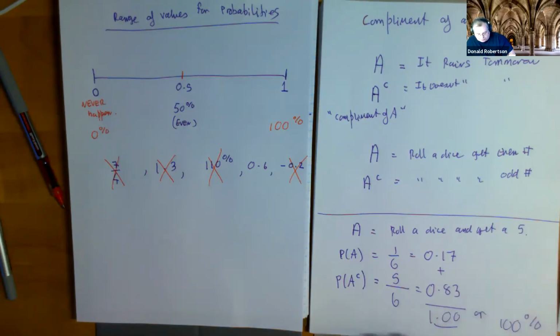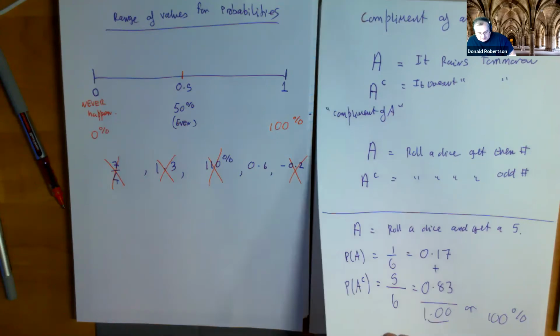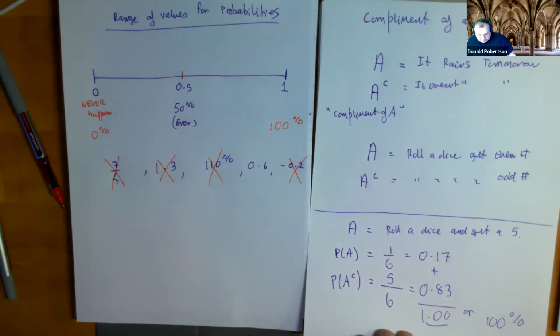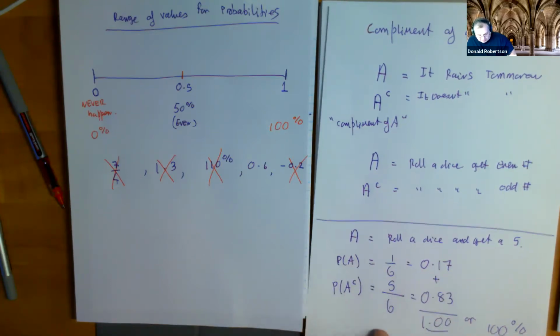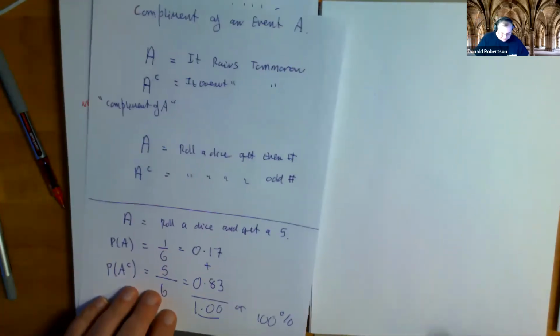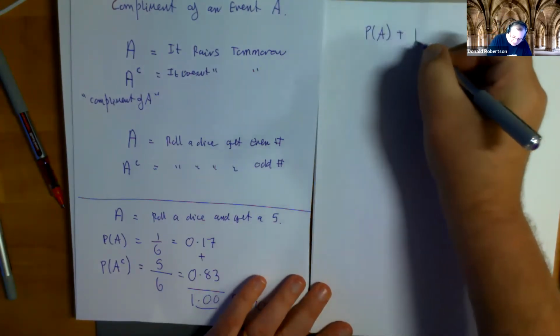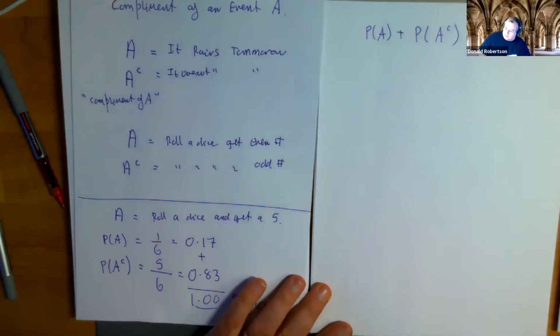You can sometimes use that to come up with probabilities that might be difficult to calculate if you did them in the way they were asked. Because what I'm saying here is that the probability of an event plus the probability of its complement is 1.